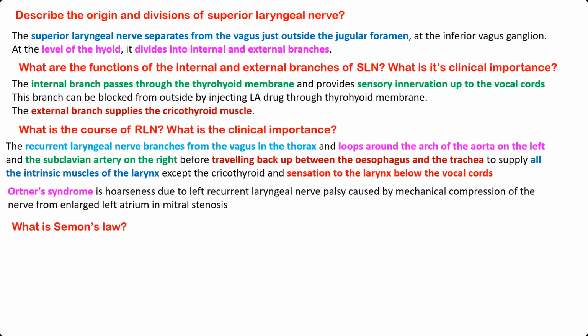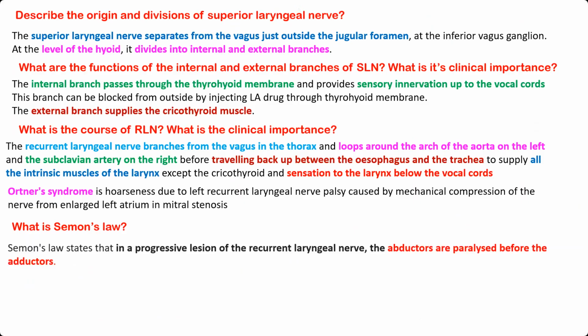Creatures which were there before during the evolution all had only adductors, no abductors. So the muscle which originated later phylogenetically was more easily damaged or affected whenever there is an injury to the recurrent laryngeal nerve. So that is what Semon's law is saying.